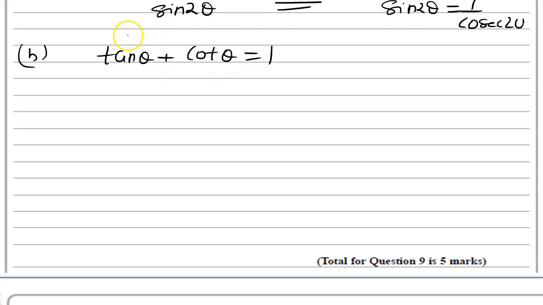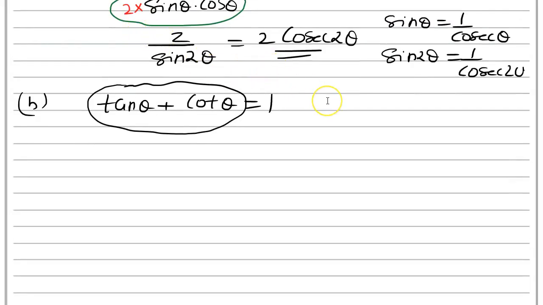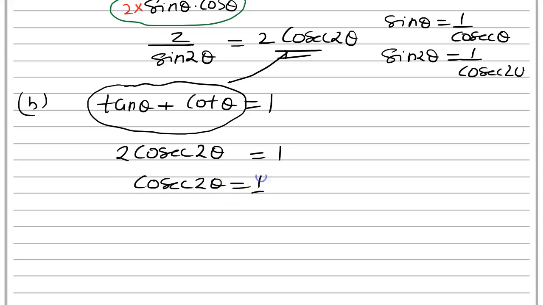We have just solved that tan theta plus cot theta is equal to 2 cosec 2 theta. So let's write here 2 cosec 2 theta equal to 1. So it means cosec 2 theta equals 1 over 2.